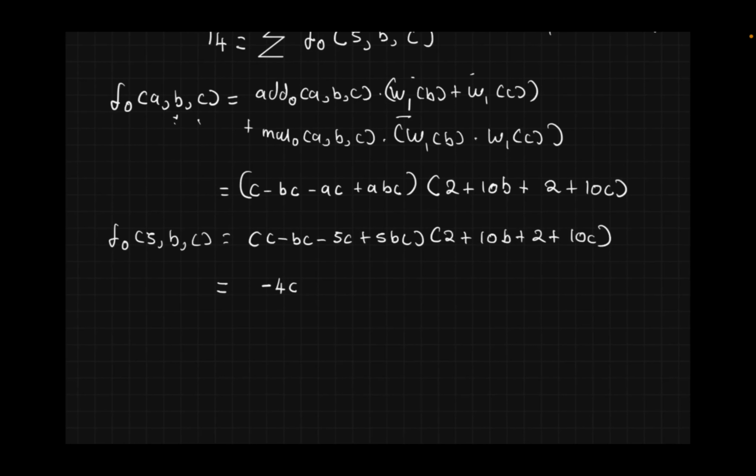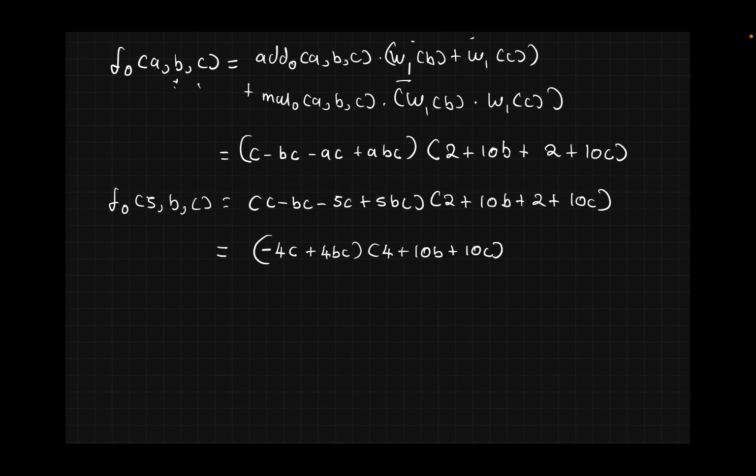Minus BC plus 5BC is plus 4BC. Then 2 plus 2 is 4. We have 10B and 10C. If you now want to factorize, 2 can come out from everything, but it's fine like this. Good, right? So now we have something that can relate W0 with W1.